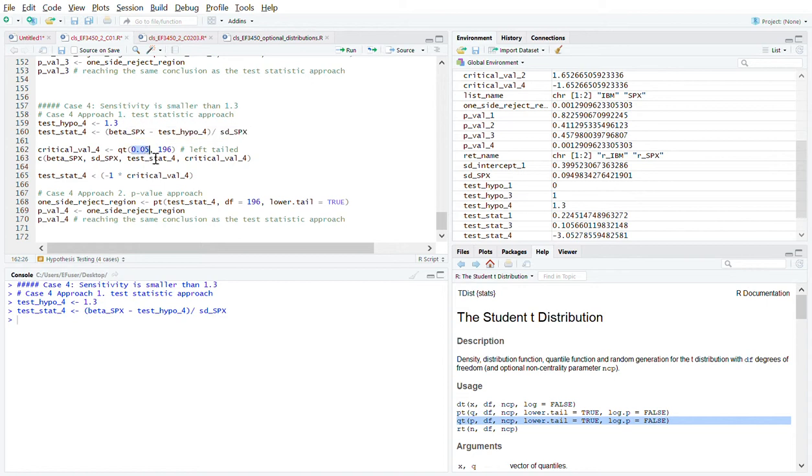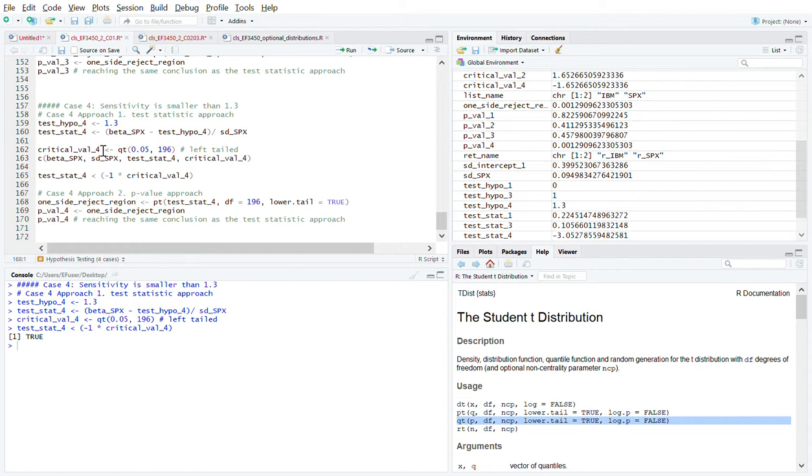So we give it 0.05, and the degree of freedom is 196. So if we compare against the test statistic, this time it's going to be true, so we can reject the null hypothesis that beta 2 is greater than 1.3. In other words, we would say sensitivity is smaller than 1.3.